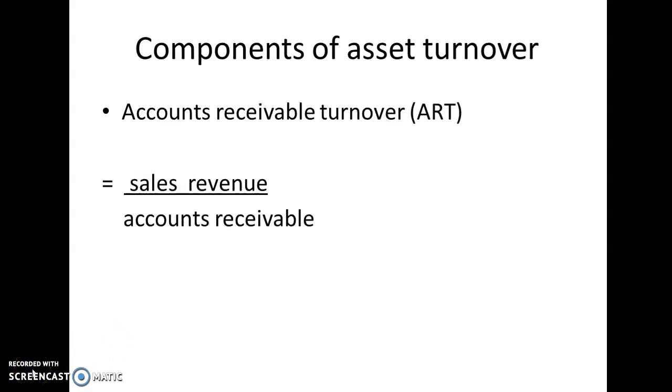Next, we see the components of asset turnover. The first measure is accounts receivable turnover, that is ART. The formula for calculating ART is sales revenue divided by accounts receivable. What do you mean by accounts receivable? We have sold several products to different customers. The accounts receivable shows the amount to be collected from the customers for the items sold to them.